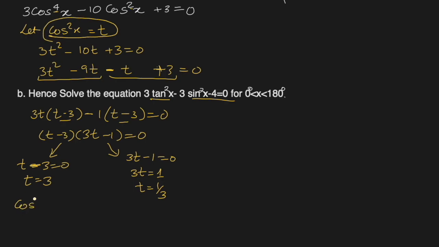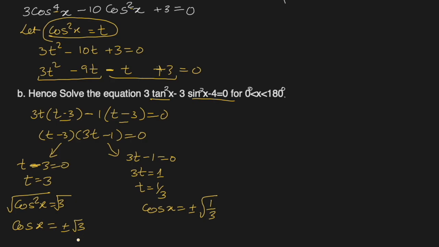So cos square x is equal to 3, square root both sides. So cos x, just cos x, is equal to plus or minus square root 3. Here also, by the same method, cos x will be plus and minus 1 over square root of 1 over 3.